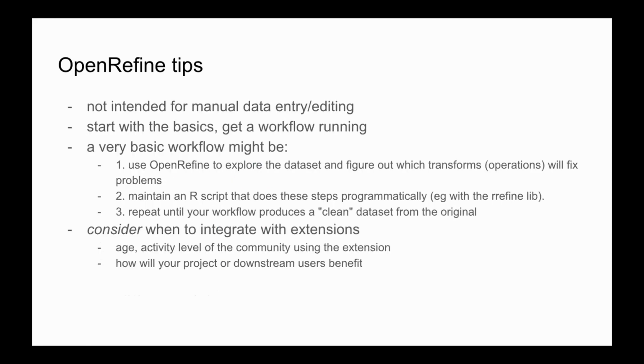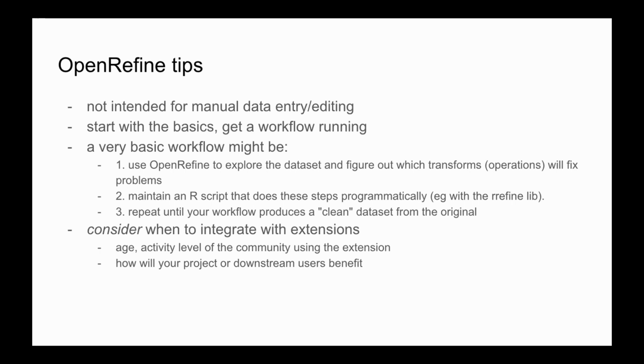Just some thoughts to take away, or keep in mind. Even though we're doing this manually, the point is not for you to manually fix the data. The point is to come out with a workflow that does it automatically so that you can repeat it.